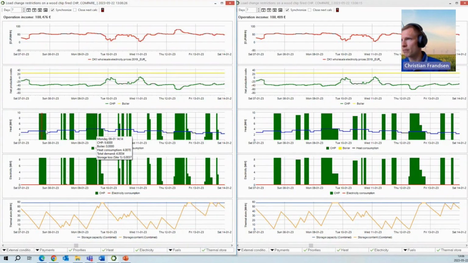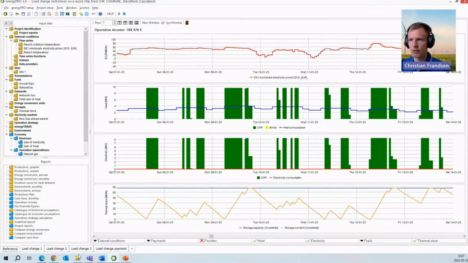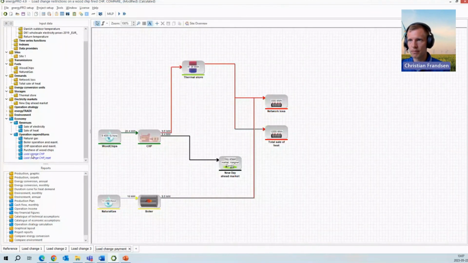We have reduced the number of fluctuations quite a bit by introducing this €5 cost of changing the load. Furthermore, since we are putting a restriction on how it can operate, we have also decreased the operation income a bit.